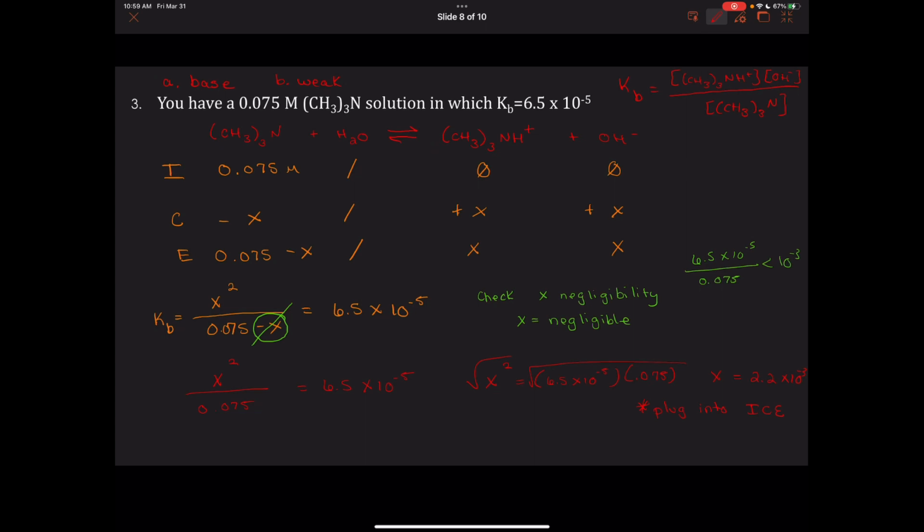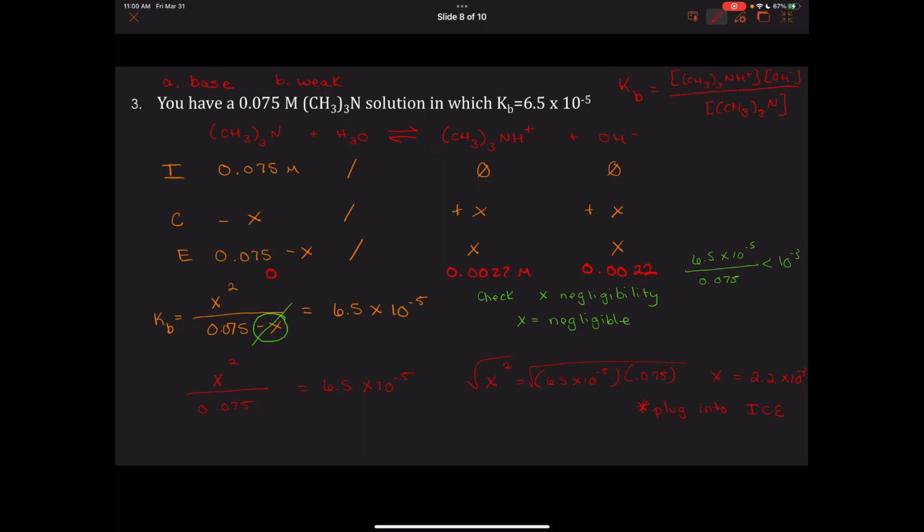So we're going to get, from our hydroxide, 0.0022. For my conjugate acid, 0.0022. And then for my base, I've got 0.075 minus 0.0022.